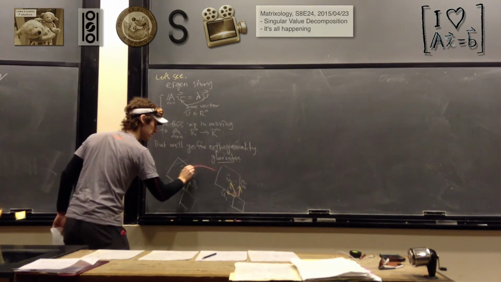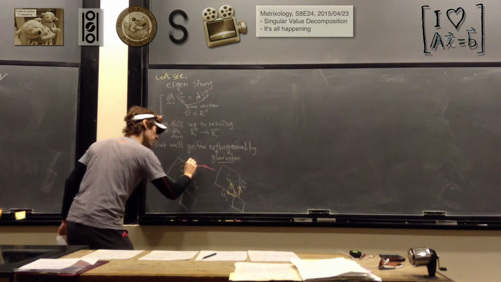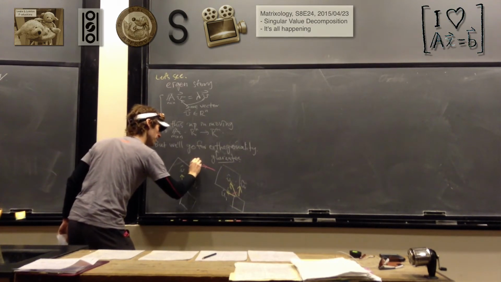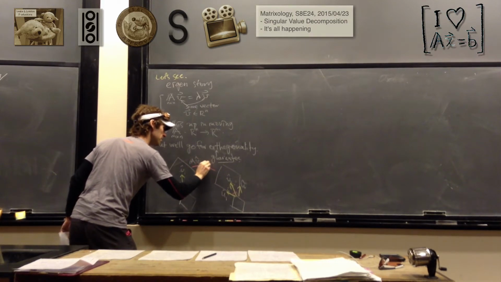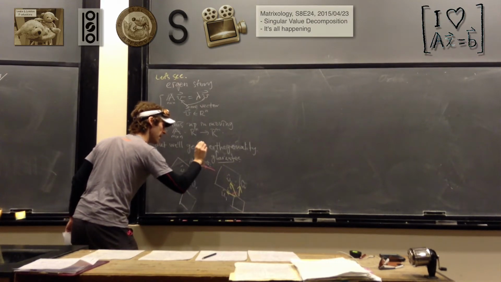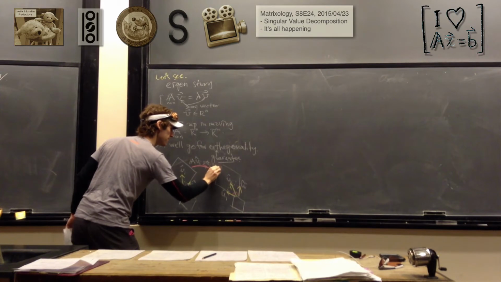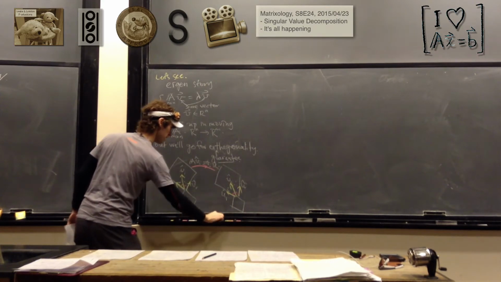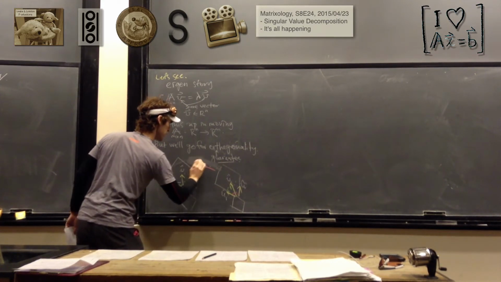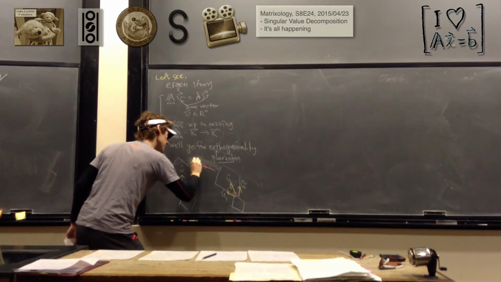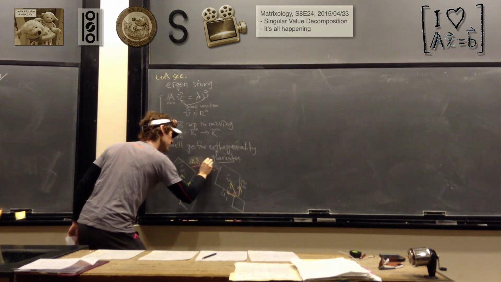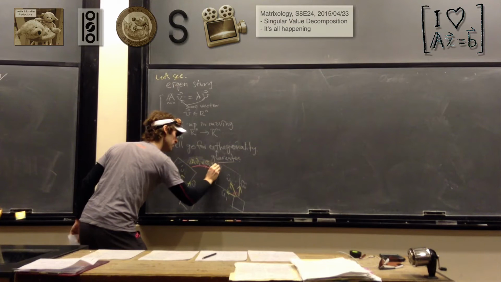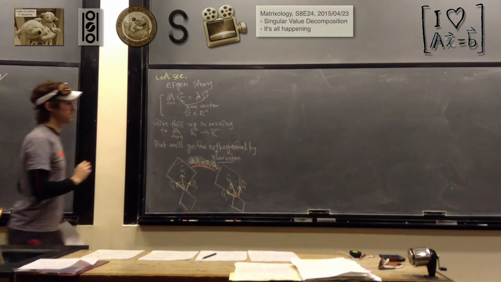And the idea is we'll get this map: A times Vi will equal sigma i, which is a new thing, times Ui. So this is going to be A times Vi equals sigma i Ui. It looks a bit like an eigenvector equation.